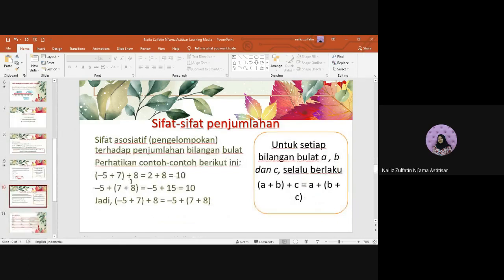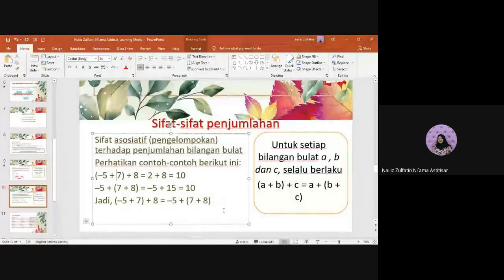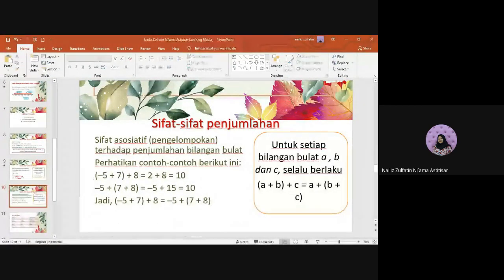And then, associative principle, or grouping. For the addition of integers, consider the following examples. In parentheses, minus 5 plus 7, plus 8, equals 2 plus 8 equals 10.